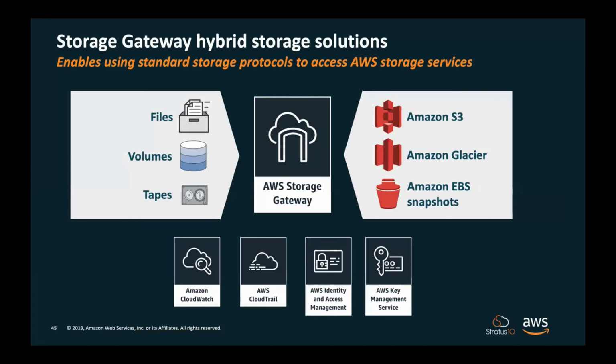This is a virtual device that you can put into your environment to extend your files, volumes, or tapes with the respective AWS service. It's designed to fit into your environment, give you access to those things very readily and quickly, and allow you to scale up by utilizing the cloud for these different use cases.